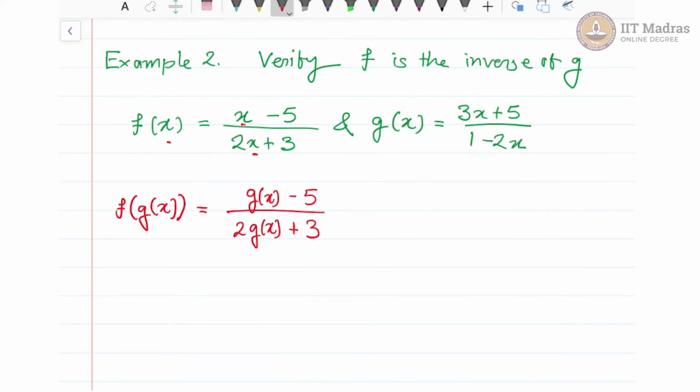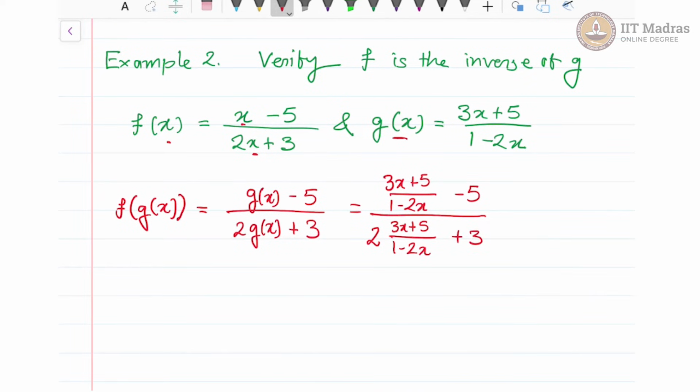Now what is g of x? g of x is this. So let us go ahead and substitute those values over those functions in place of g of x. So it is 3x plus 5 upon 1 minus 2x minus 5 upon 2 times 3x plus 5 upon 1 minus 2x plus 3. Correct?